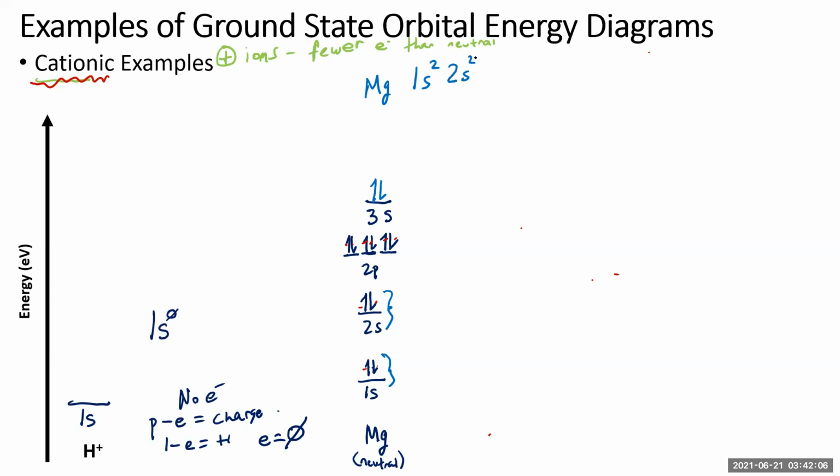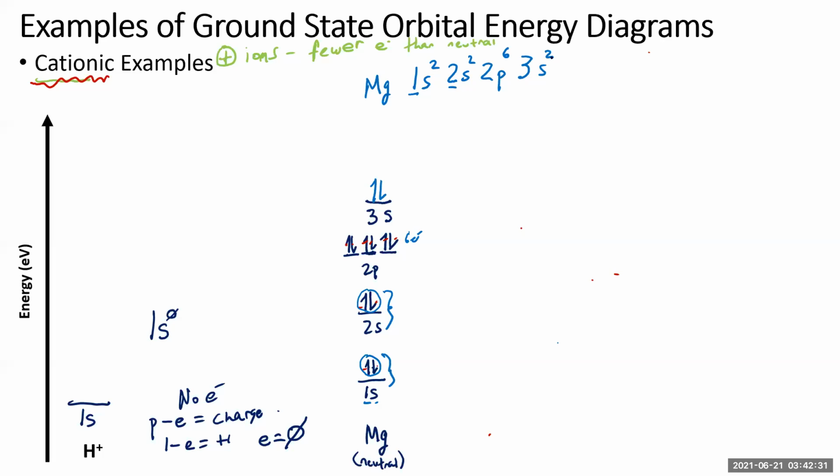Remember, the superscripts, the numbers that are floating on top, represent the number of electrons, 2 and 2. The 1 and the 2 up front represent the energy levels of those orbitals. And of course, the letters represent the types of orbitals. 2p, and then we have a total of 6 electrons, so that's 2p6. And then we have 3s, and then we have 2 electrons there.